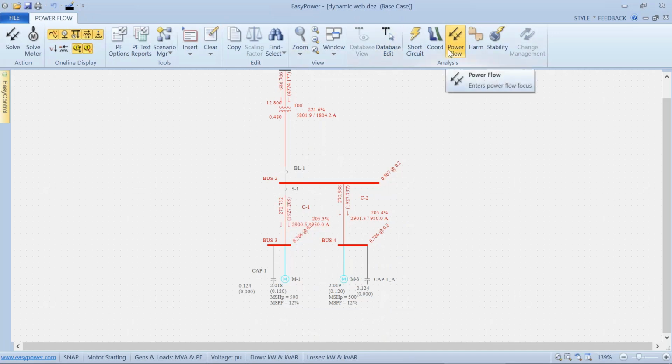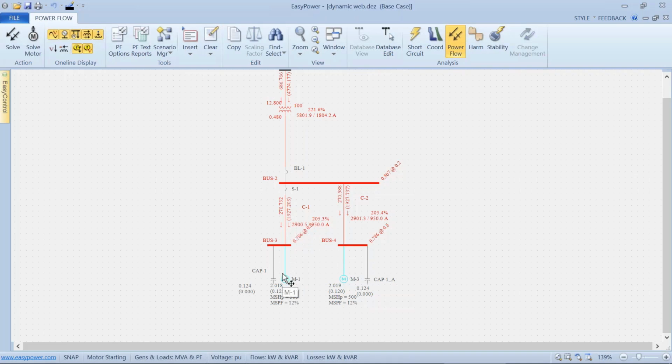This is a function of the power flow module called impact motor start. So the question is, how can I isolate that, or how can I minimize that impact on the system when I've got to start these two motors, and let's say I have built-in soft start capability.